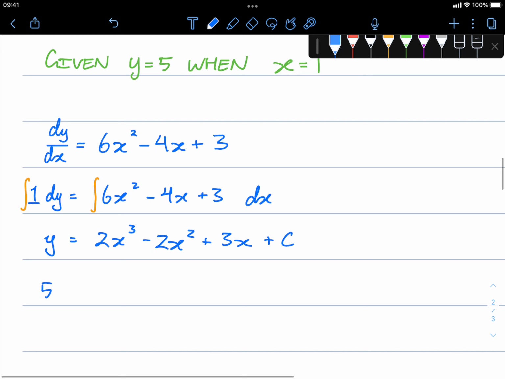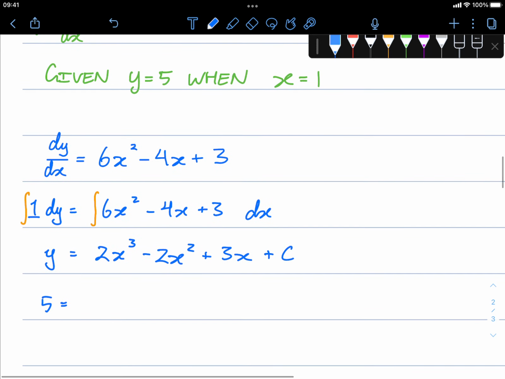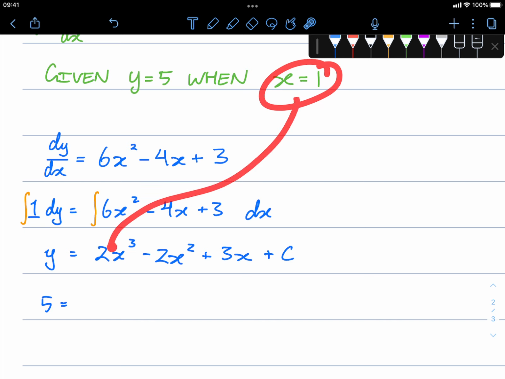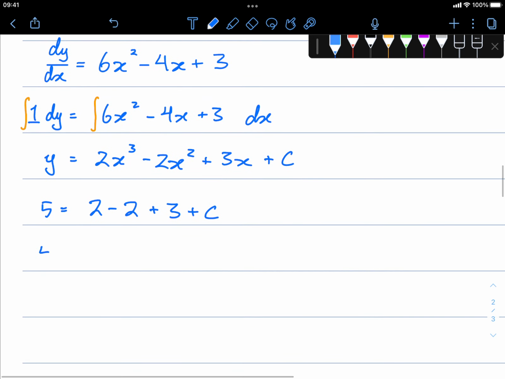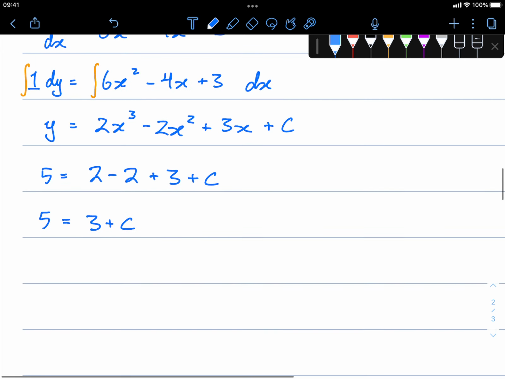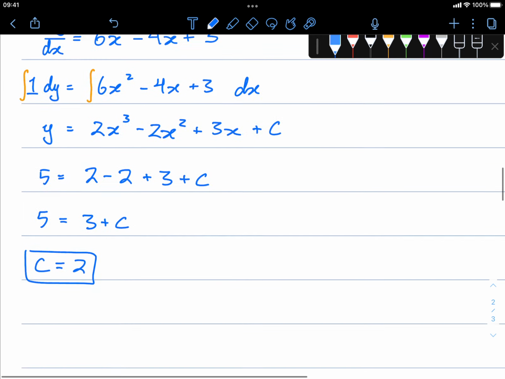So we get 5 equals, substituting 1, that becomes 1 times 2, minus, substituting 1, that's minus 2, plus 3, plus c. We get 5 equals 3 plus c, which means c is equal to 2.